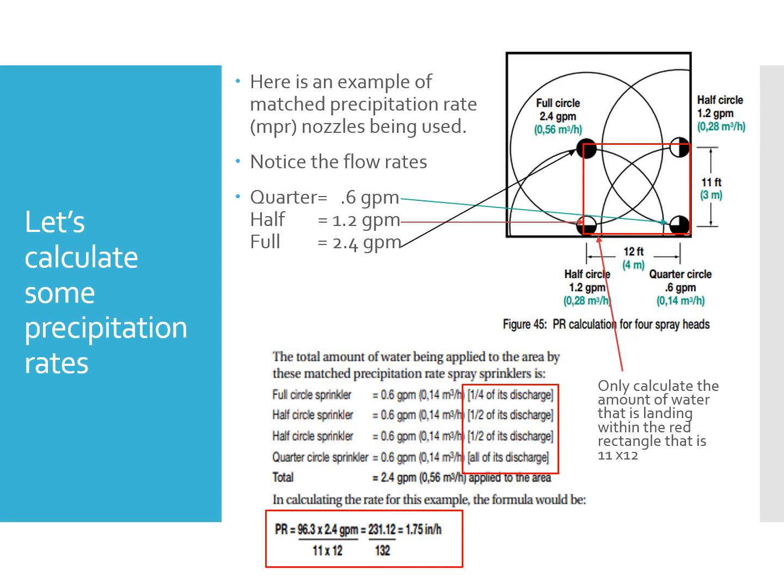So here down at the bottom is the precipitation rate calculation. We have 96.3 times our flow rate divided by the area. The area happens to be 11 by 12. If you do all of this math, you come up with 1.75 inches per hour.